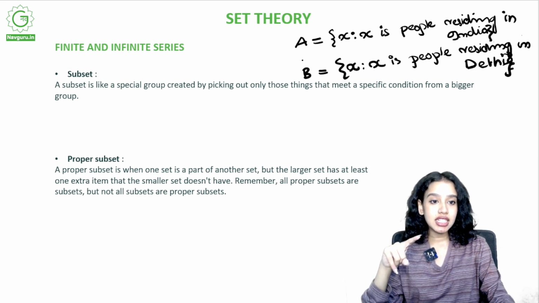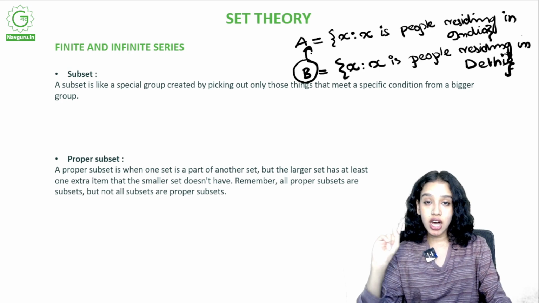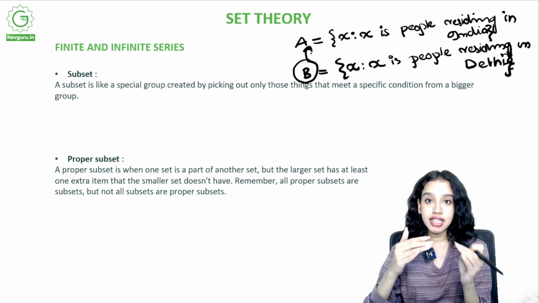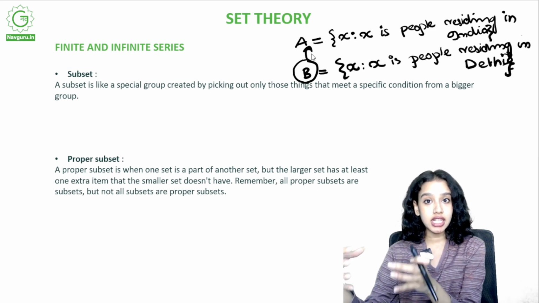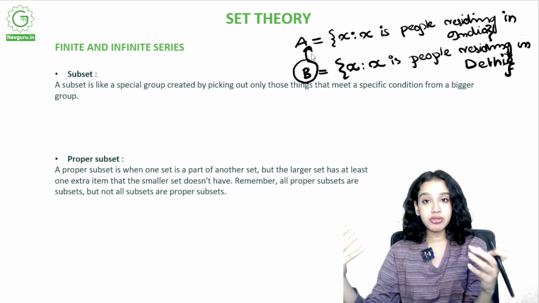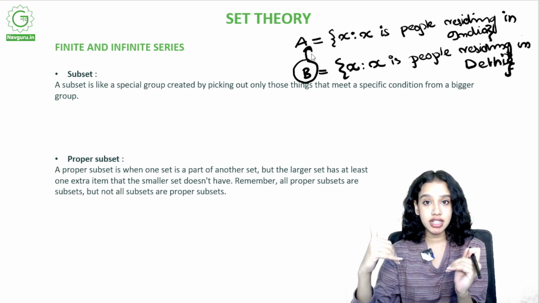This means that set B is included in set A. How? Because the people who are residing in Delhi are also among the people who reside in India. When we are talking about India, we have people residing in different states, right?